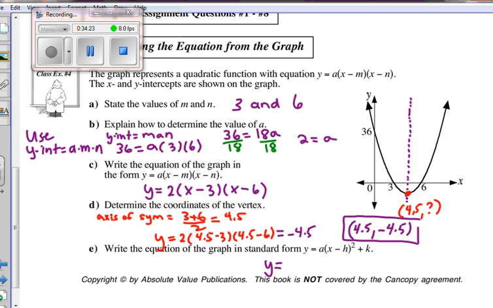What's our a value? 2 times x minus 4.5 squared plus negative 4.5. So it's just minus 4.5. Could you also write these as fractions instead? Yeah, 9 over 2, if you wanted to. Because half. Okay, you guys should know that.